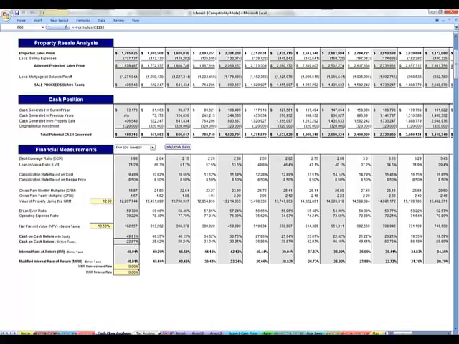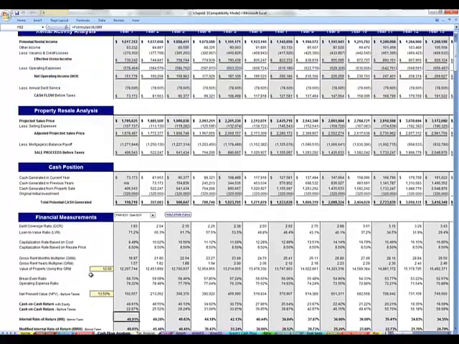This property, at 1.6, is running at a 22% cash on cash return. Great deal. I like the price 1.6. It's also got an internal rate of return of almost 50%.